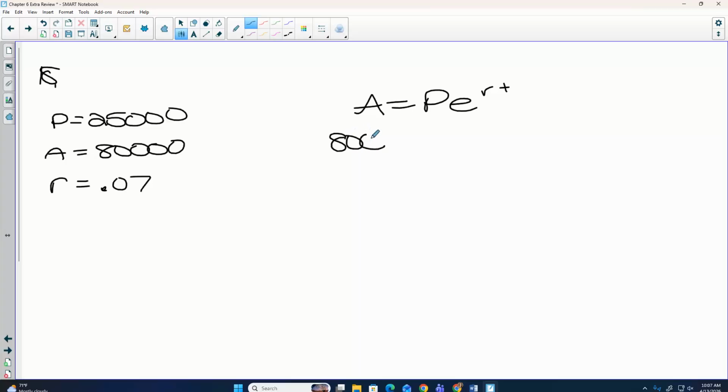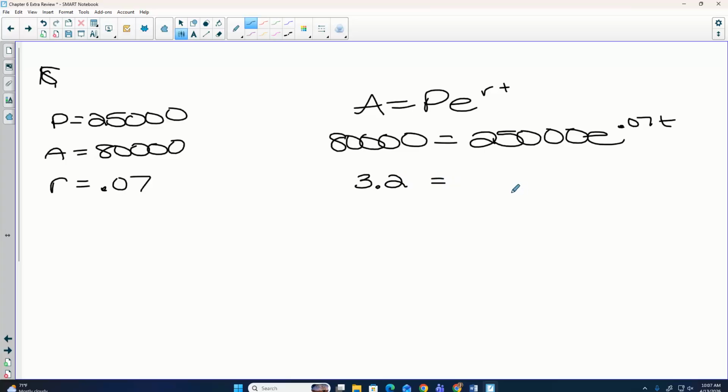So we have 80,000 equals 25,000 e to the 0.07t. All right, what do I have to do to get the t by itself? So if I divide by the 25,000, I get 3.2 equals e to the 0.07t. Trying to solve for my exponent, I can't get a common base, so what do I do?